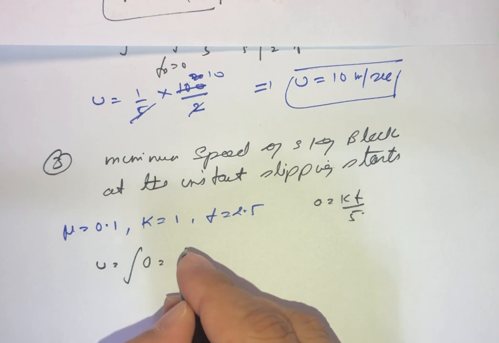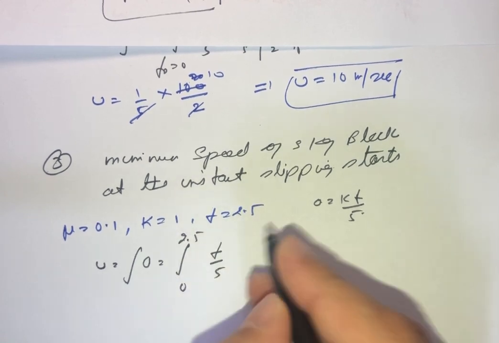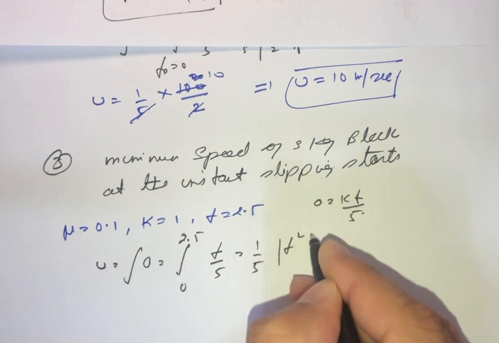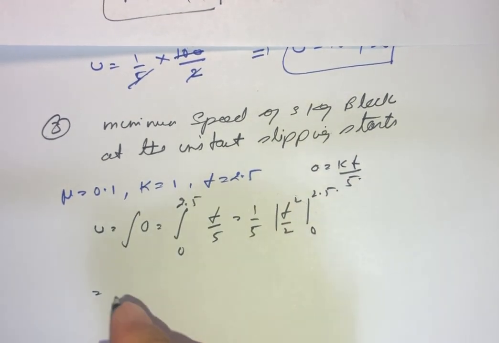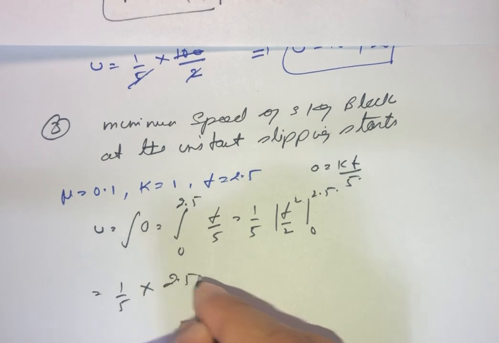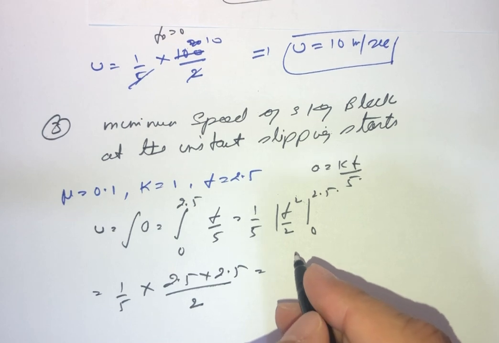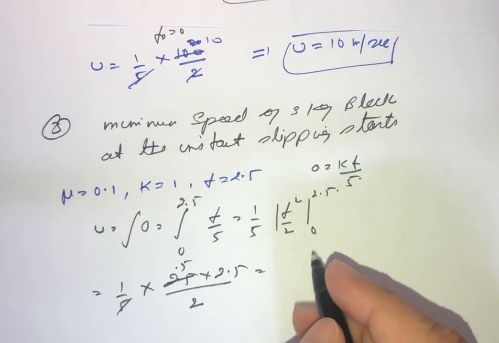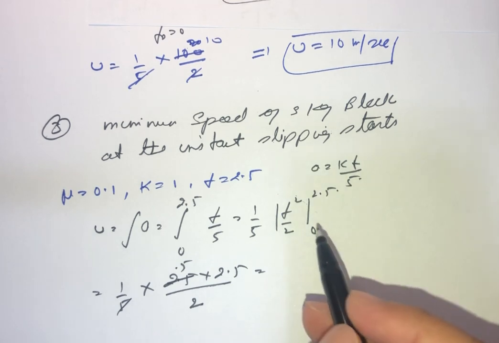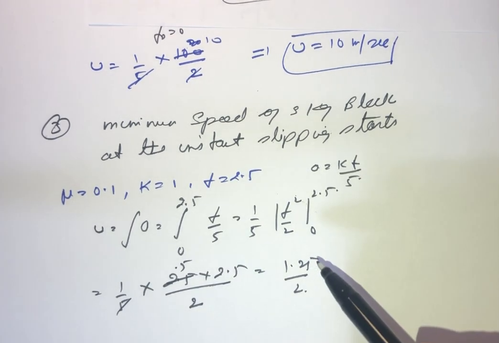So we integrate from 0 to 2.5 of t upon 5, which is 1 upon 5 times t square upon 2, from 0 to 2.5.